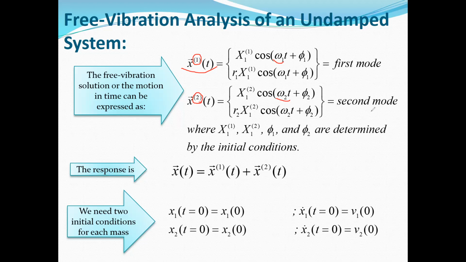Later you will see in modal analysis, to obtain the response of a system subjected to an external force, we use these mode shapes to uncouple the equations of motion and to convert them to several independent ordinary differential equations.